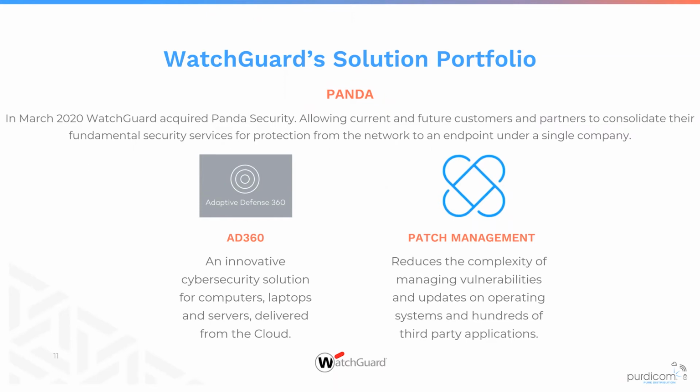Whether it's computers, laptops, servers, delivered from the cloud, it automates the prevention, detection, containment and response to any threat, whether that be zero-day attacks. So a zero-day attack is something that maybe hasn't actually been registered as a virus yet, but it's trying to do something malicious to that machine, like suddenly encrypting all the files. Panda would actually be able to stop that process from running and prevent any file loss.